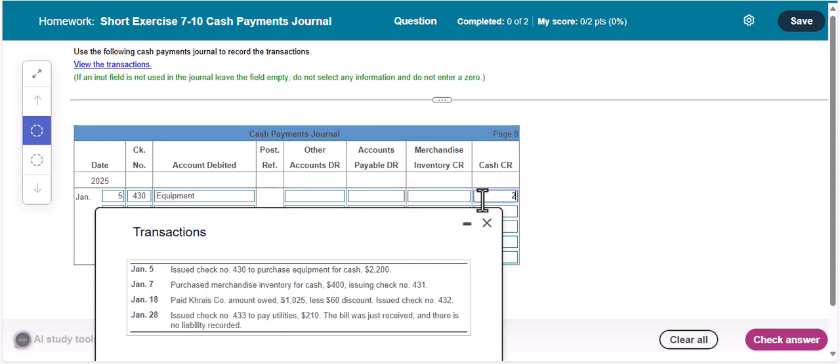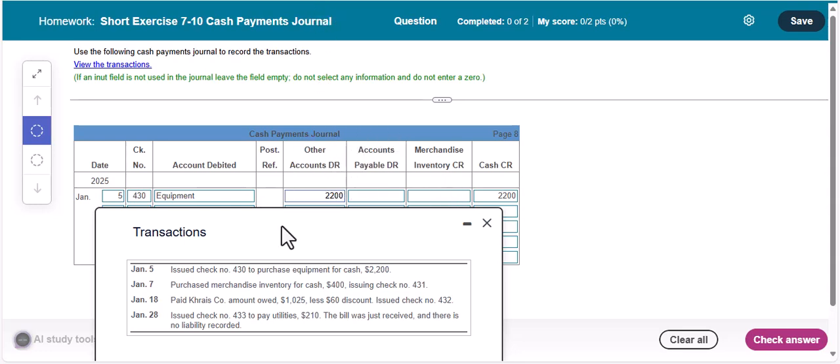We paid $2,200 in the form of a check. And of course, don't forget the debit amount. So we debited equipment, $2,200, and that is another account there since it's not listed here. Because they don't have a dedicated equipment column here as a debit, they must not purchase equipment often. If they did, they would have dedicated a column here for it.